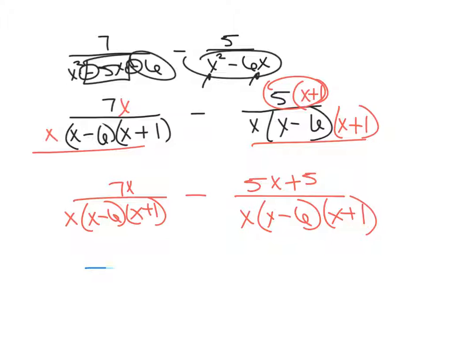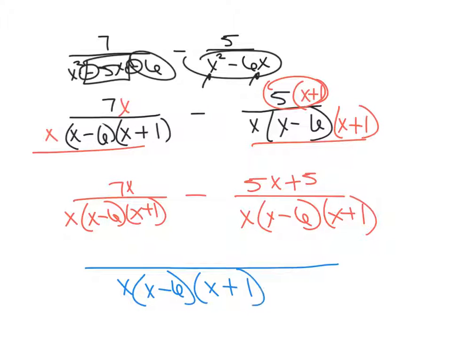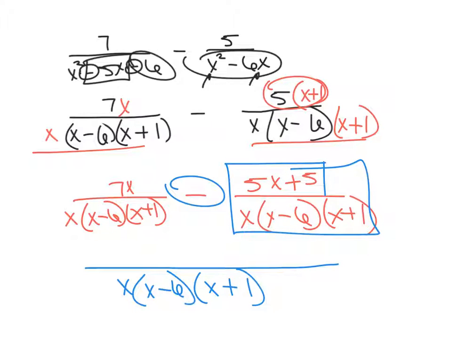I'm going to put it all over one fraction now. This is what gets to be confusing. What is that minus on? Is that minus on this entire part over here, or is it just on the 5? It's on the entire thing. It's saying minus this part right here.